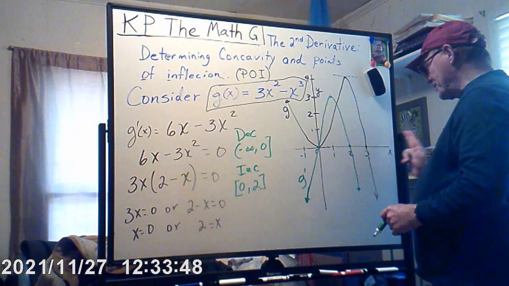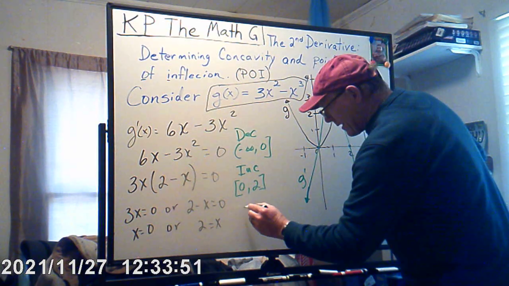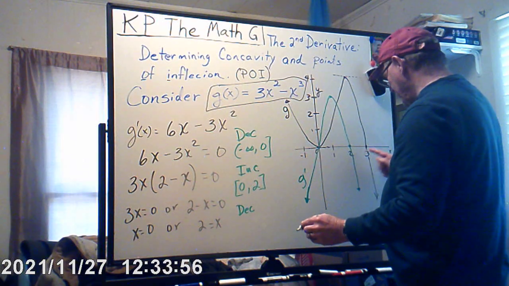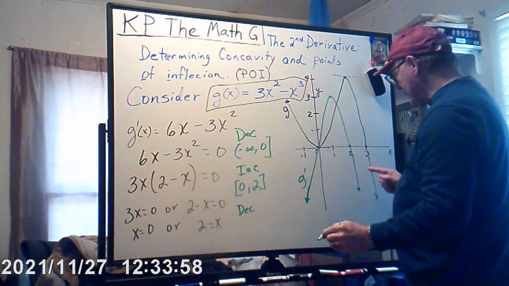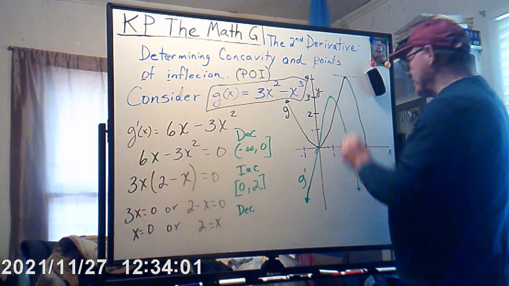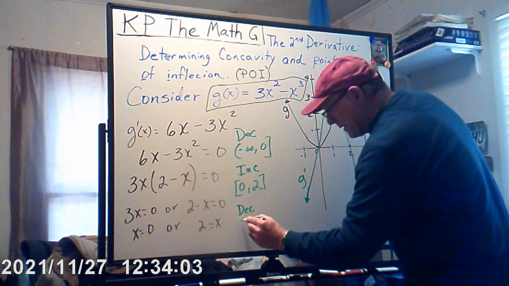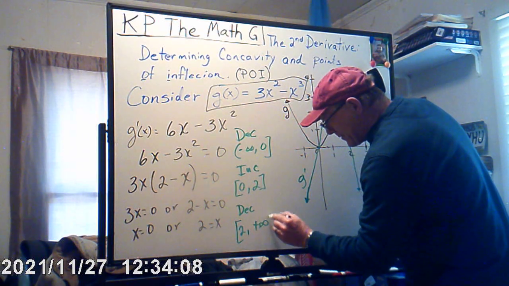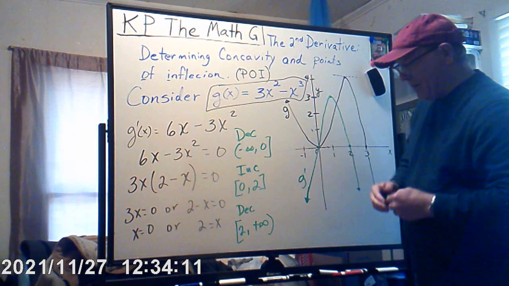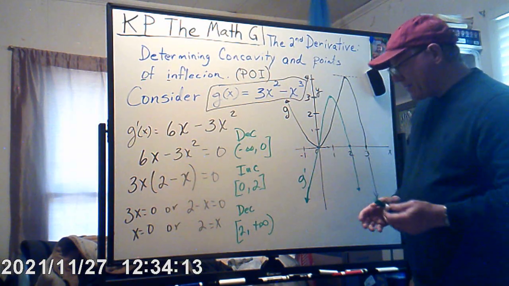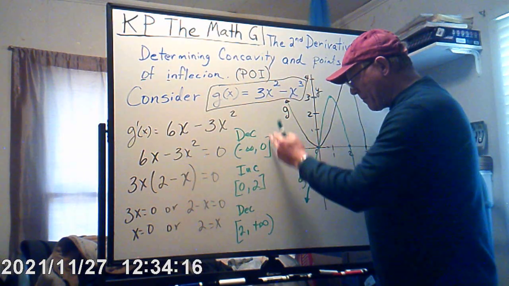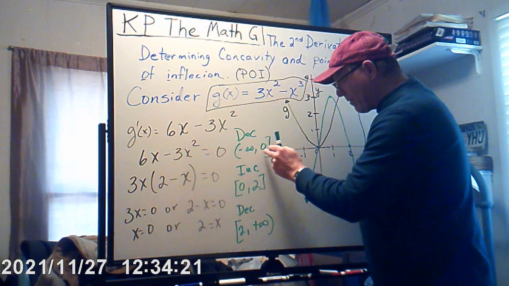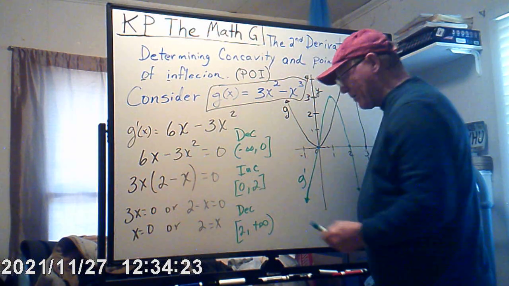We're going out to positive infinity, so it is decreasing again from 2 to positive infinity. One thing you might want to ask your teacher or professor: if you include 0 on the decreasing, do you include the 0 on the increasing?